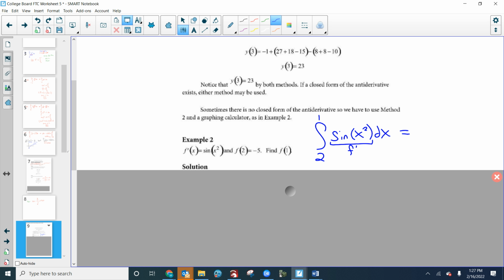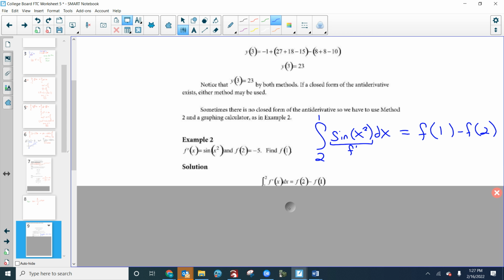Right? Neither do you. F of 1 minus f of 2. What am I trying to solve for? Find f of 1. Okay. It looks good so far. How do I solve for f of 1? Add f of 2. Okay.